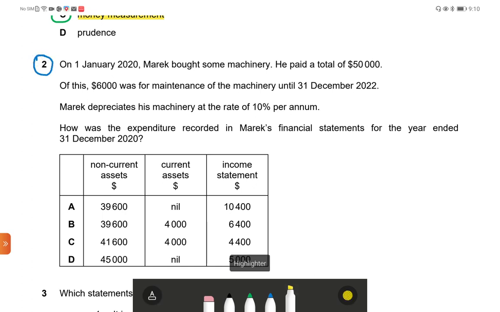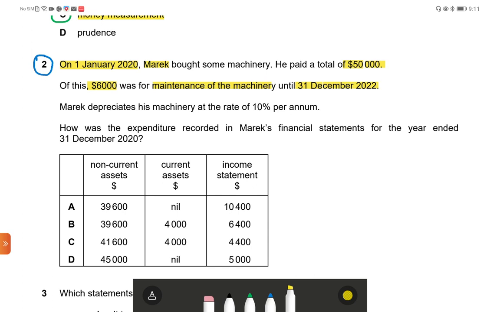On 1st January 2020, Marik bought some machinery. He paid a total of $50,000. Of this, $6,000 was for maintenance of the machinery until 31st December 2022.